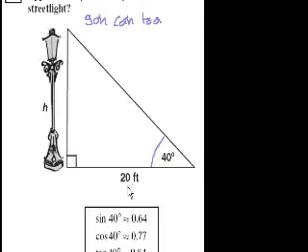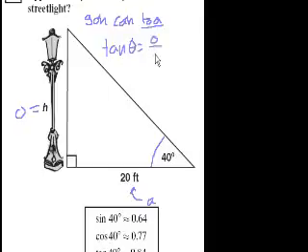They gave us the adjacent, right beside the angle. The height that we're trying to figure out is the opposite. So we need a trig function that deals with the opposite and the adjacent, and that's tangent. TOA: tangent of any angle is equal to the opposite over the adjacent.